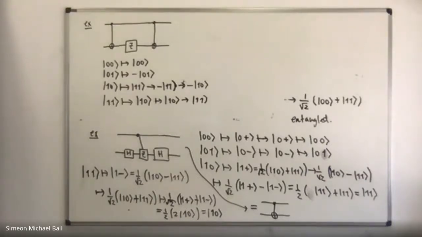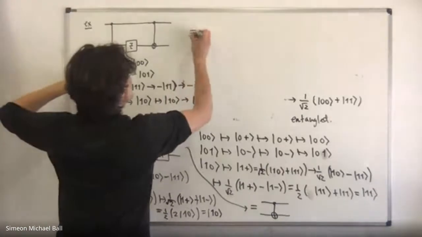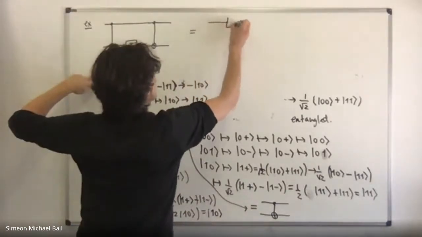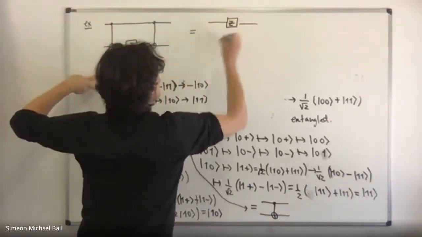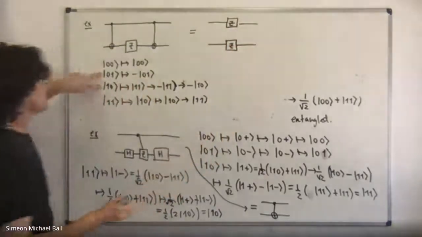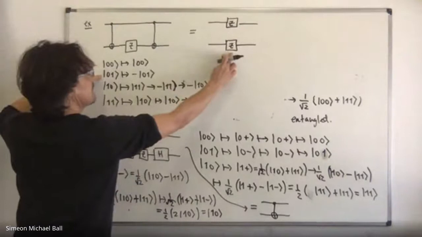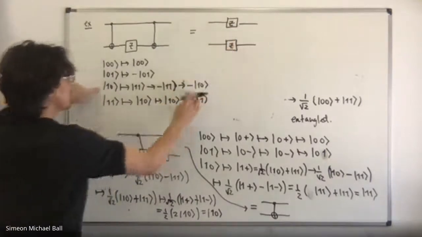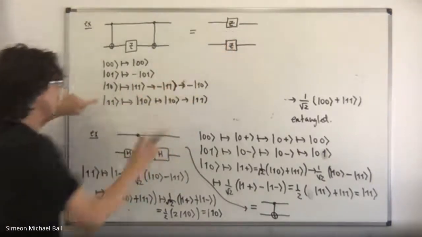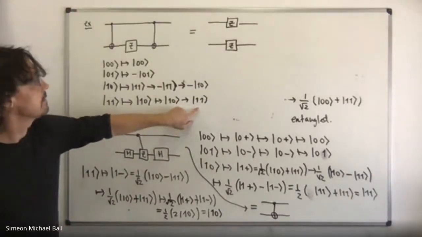So can we simplify this? Well, yes, because these two are basically applying Z operations to the two bits. And this first one, if I do it like this, then this is coherent, nothing happens. This will give us a minus sign because of this Z here. This will give us a minus sign because of this Z here. And here, they will both try and flip the sign and end up flipping it back to nothing.